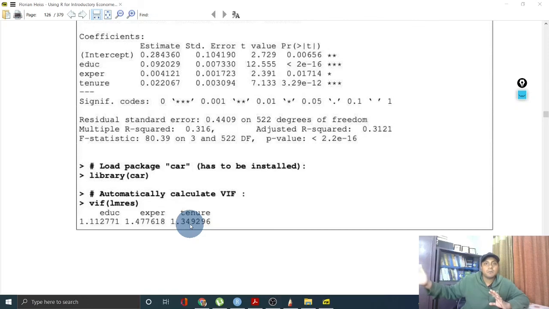But if the value is larger, let's say more than 2, then you should worry about multicollinearity. Otherwise, if it is less than 2 or close to 1, like 1.11 or 1.4, you should not worry about multicollinearity or the correlation between the regressors in your model.